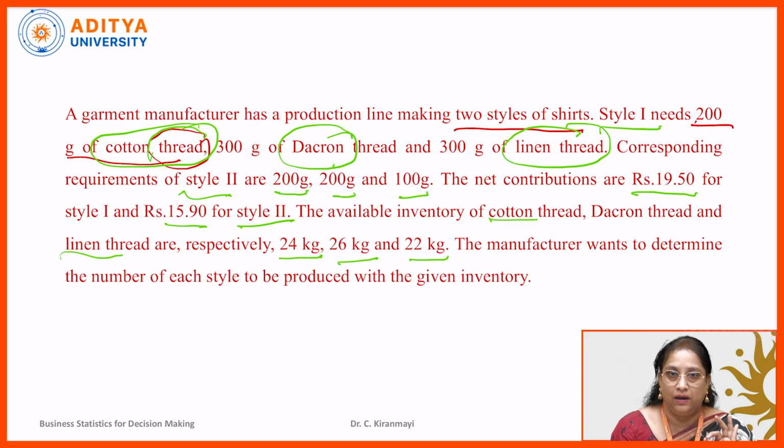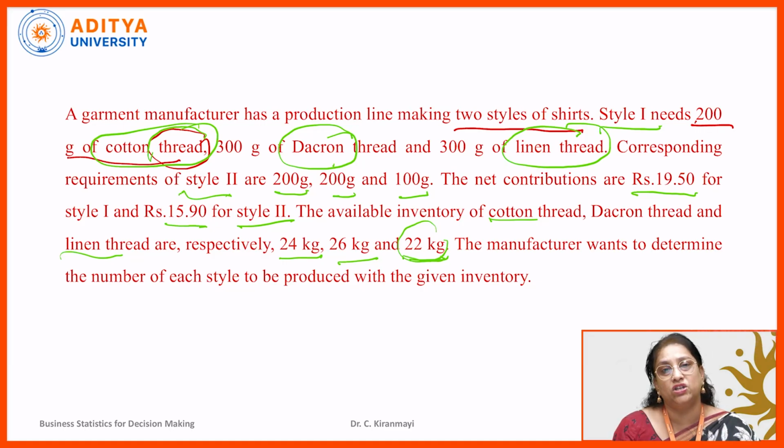By using less than or equal to 24 kgs of cotton thread, the firm has to manufacture both styles of shirts. The company has 26 kgs of Dacron thread only, and 22 kgs of linen thread only. So, these 3 are the resources in this problem.